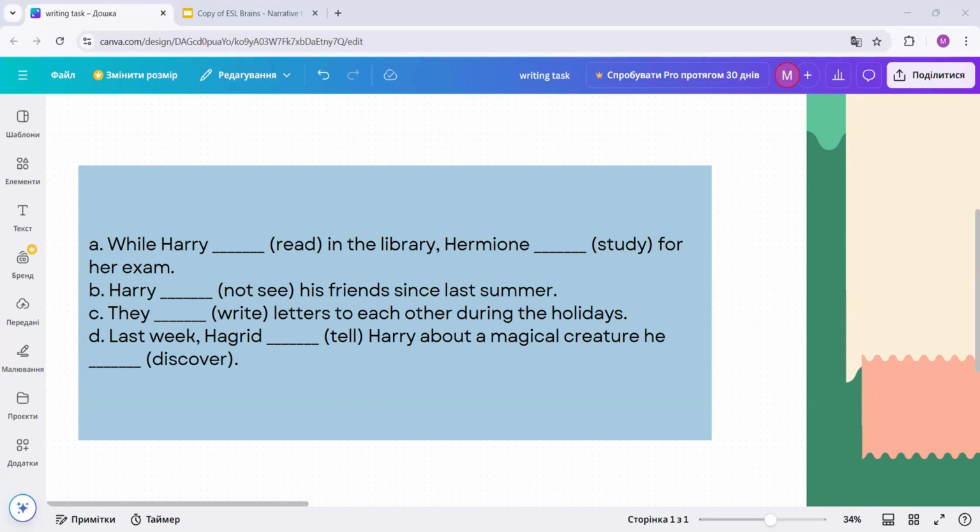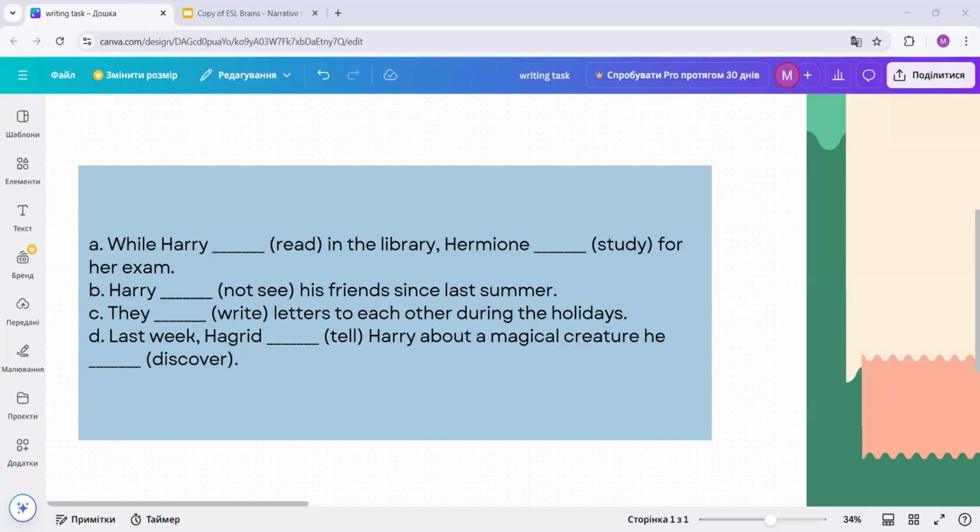So first of all, it's telling, told. Are you sure? Let's think again. Hagrid talks to Harry about the creature he found. So by the logic, Hagrid should first find the creature and then talk to Harry. Yes. So he discovered and observed.